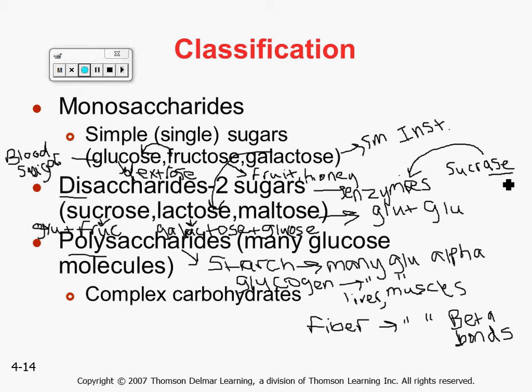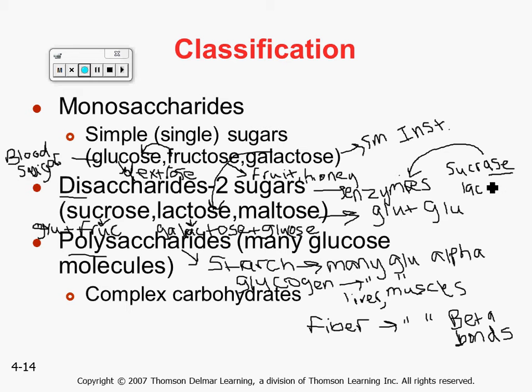So what do you think this sucrase enzyme is going to do to sucrose? It's going to break the alpha bond and break it apart into what? Go with me? Glucose and fructose. So can you think of any other enzymes we might need? Lactase, good.